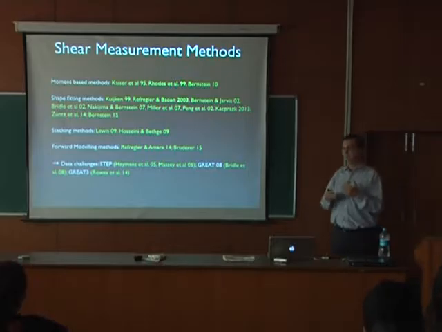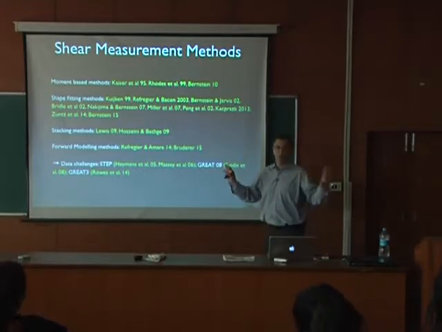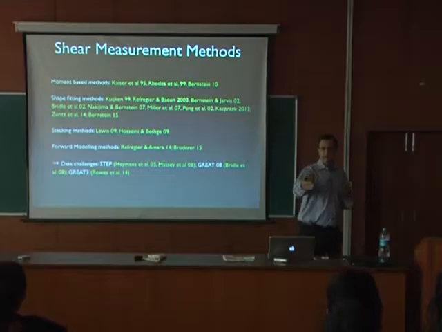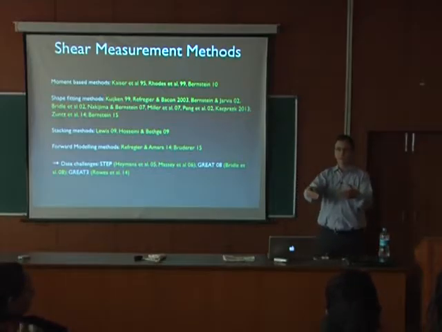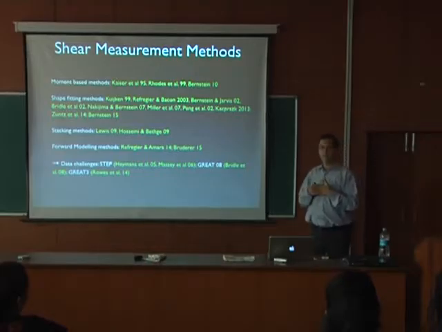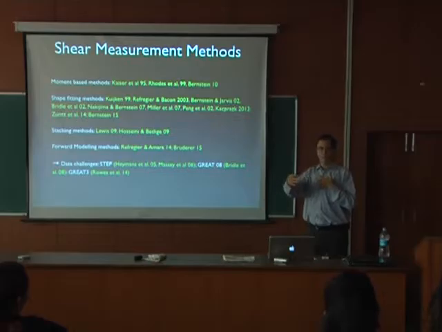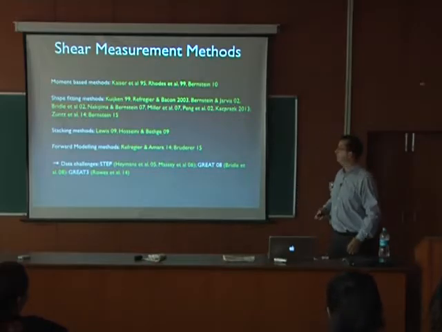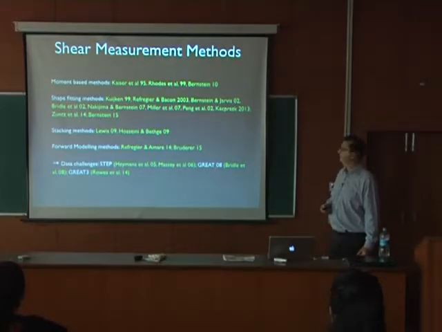If we have a model for the point spread function coming from our stars, we can fit a model of the galaxy which is convolved by this point spread function, compare it to the data, and iterate or minimize the difference between the model and the data to get a model for the galaxy shape. From that, one can also get an estimator for the shear. There are a lot of methods that have been developed using this approach.